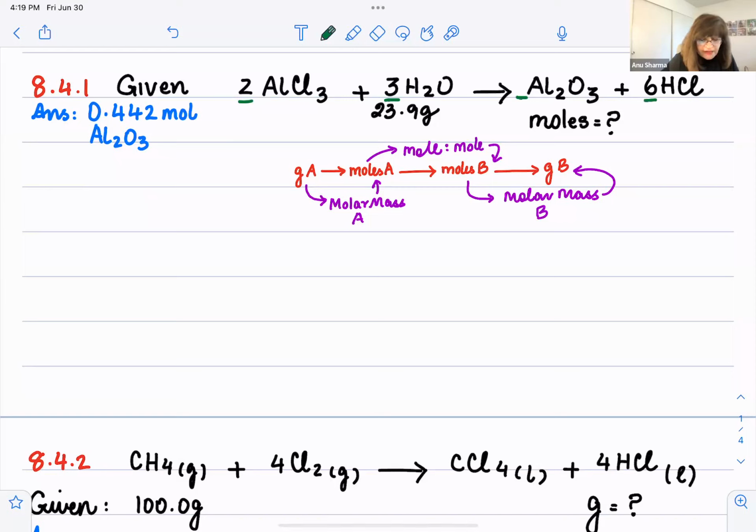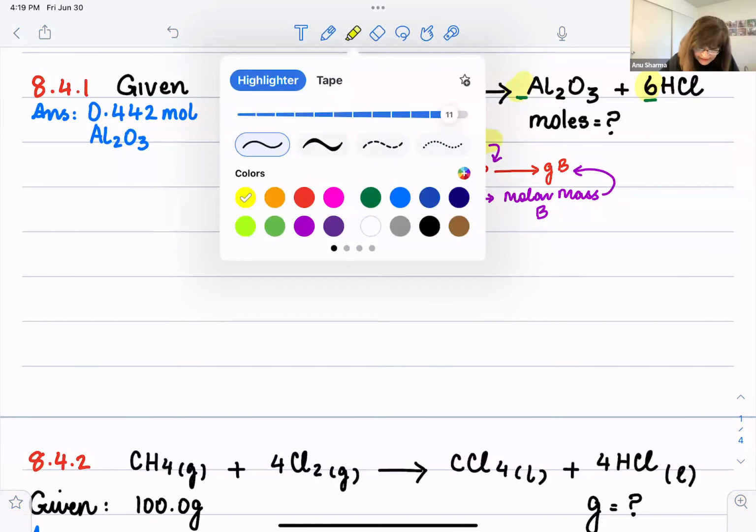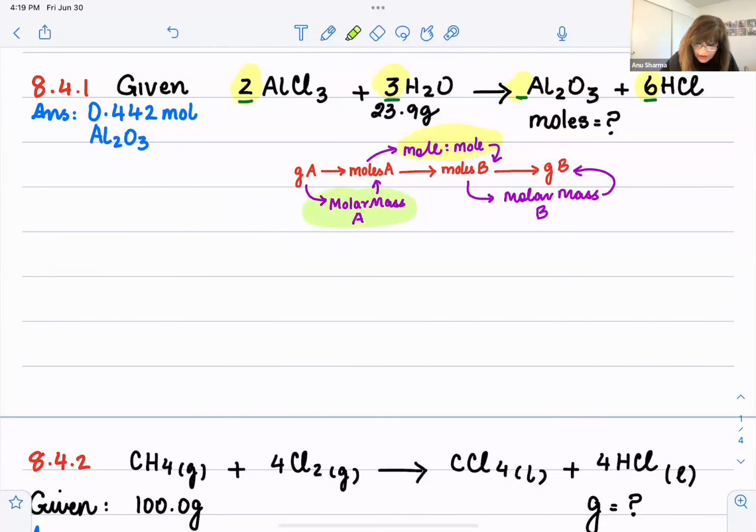This is important, because if the equation is not balanced correctly and the coefficients are not correct, you're not going to get the mole to mole ratio correct, right? If you don't know how to write the formulas of the compounds correctly, you can't get the right molar mass. So it's getting more complex, but other than that, if you're able to do the rest, then it's easy.